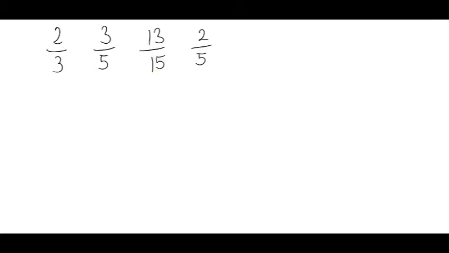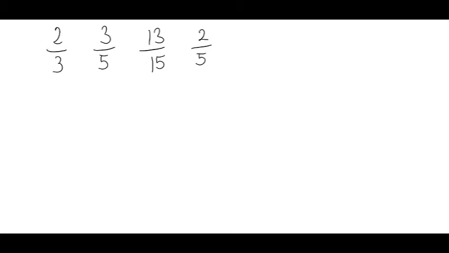Okay. So you may know that we need to find some number that we can convert all these into. Now it just so happens that I know that each of these numbers are all factors of 15. They all go into or divide into 15. So we can convert them all to 15ths.